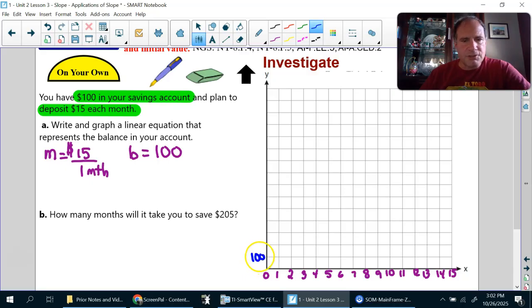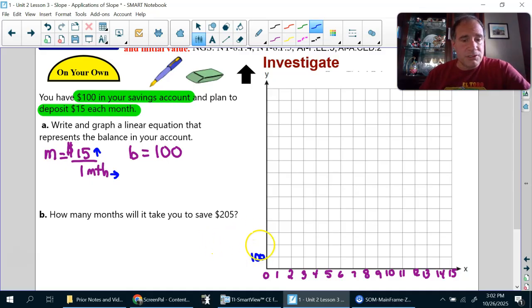And since I'm starting at 100 and then increasing by, guess what? 15. I'm not increasing by hundreds. Because if I increased by hundreds, the next month when he puts $15 in, you're not going to see it.